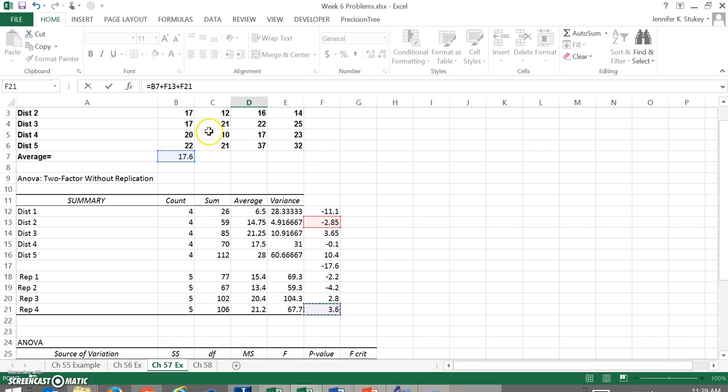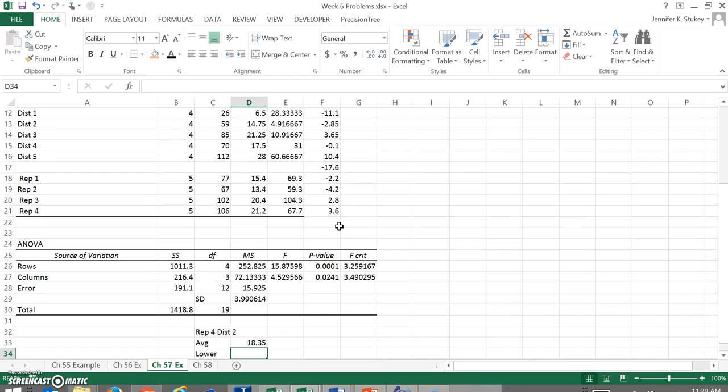Now, notice this is negative. I always do plus here anyway, because if you do minus and then it's minus, this number is negative 2.48, you end up essentially adding it. So you should have the average here as 18.35. Now we want to know the lower end of our 95% confidence interval, so we take this average and subtract 2 times the standard deviation.